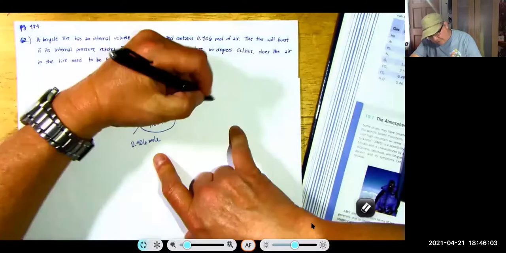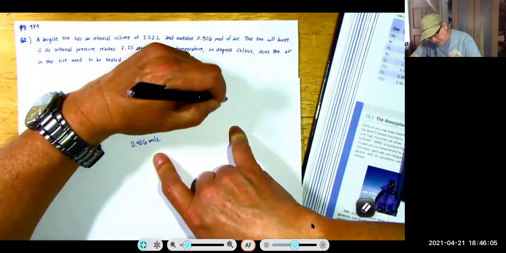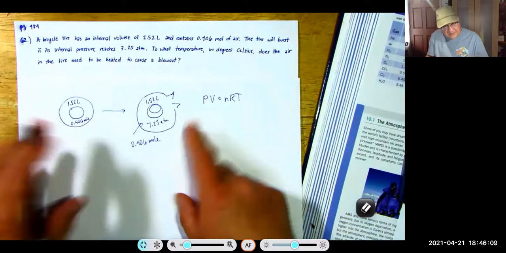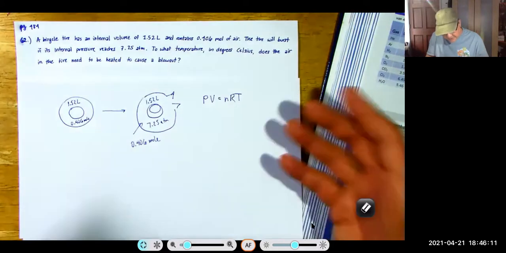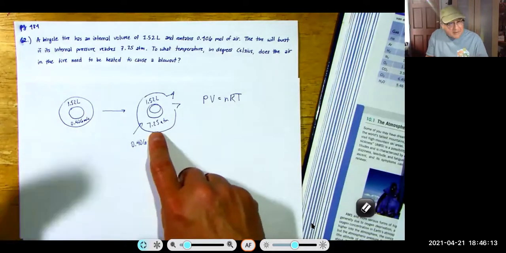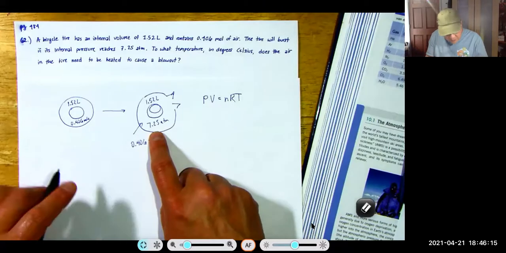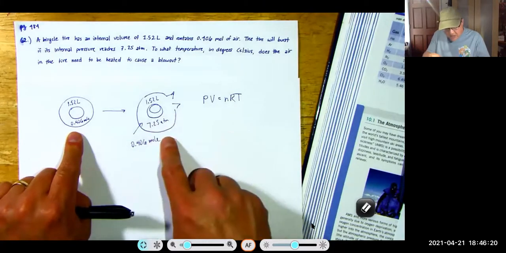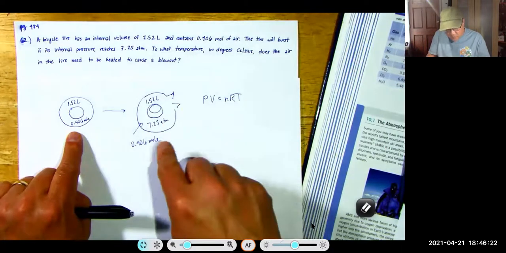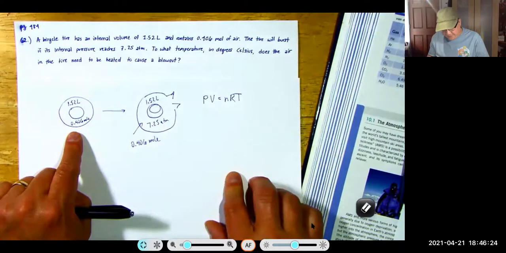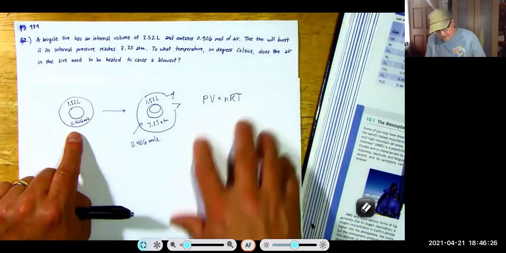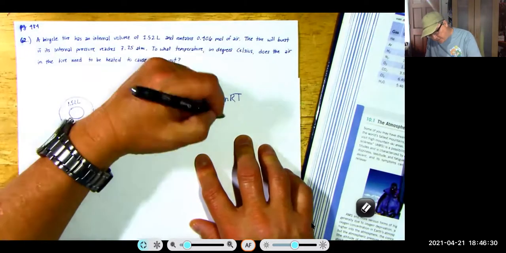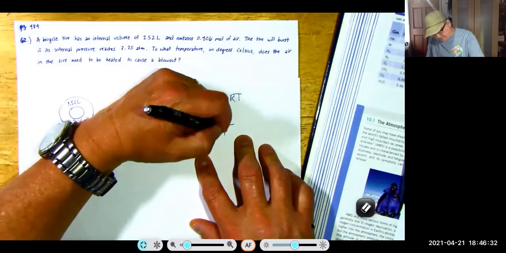Well, we use PV equals nRT. So this looks like we're doing some sort of a change here, but we're not really. All we're doing here is saying, okay, we're heating it up. We don't have the initial temp, so it's not really a change. We just want to know at a particular temp, when will it burst? So this is what we have. T is equal to PV over NR.